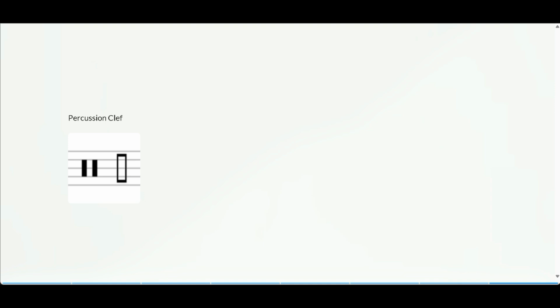In this you don't have notes, you have lines or spaces representing drums. Each line is representing a drum, or each space is representing a drum.